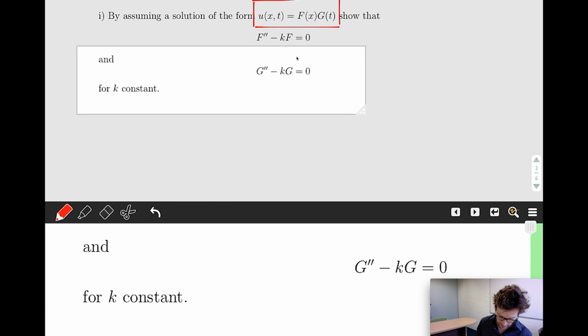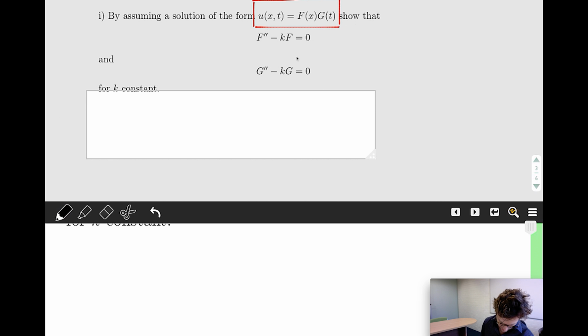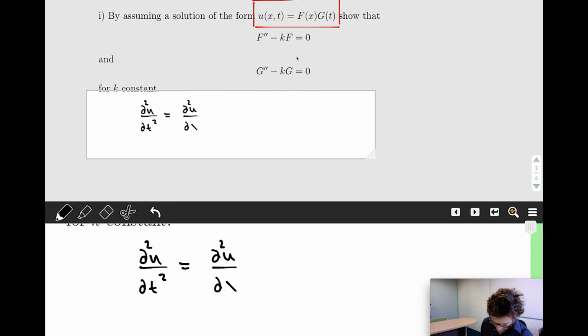So what happens when I make that assumption? Well, let's see what happens to our partial differential equation. Let me write it down again. So here's my partial differential equation, the wave equation: d squared u dt squared is equal to d squared u dx squared.